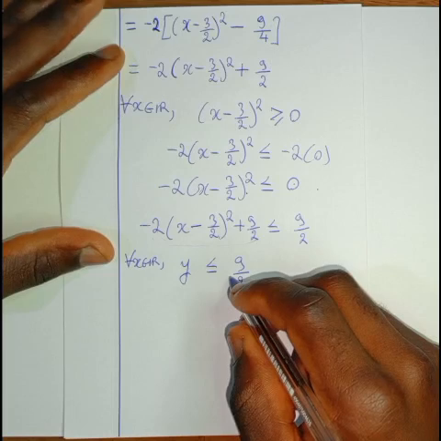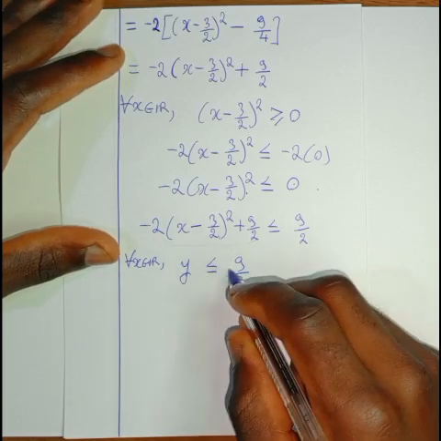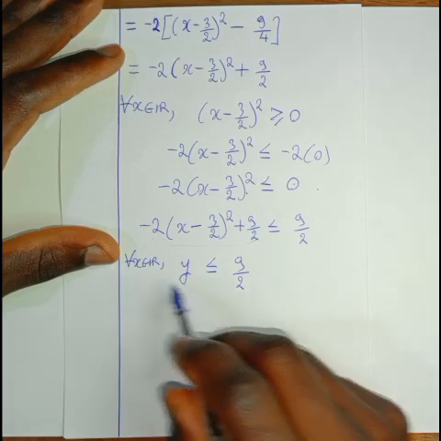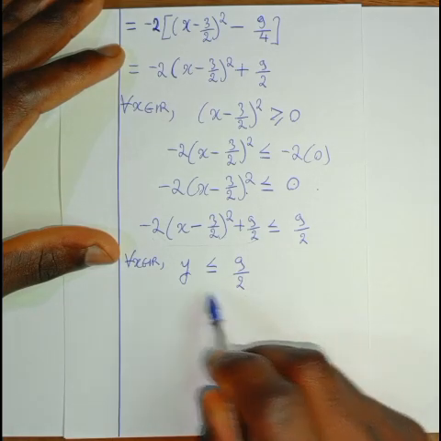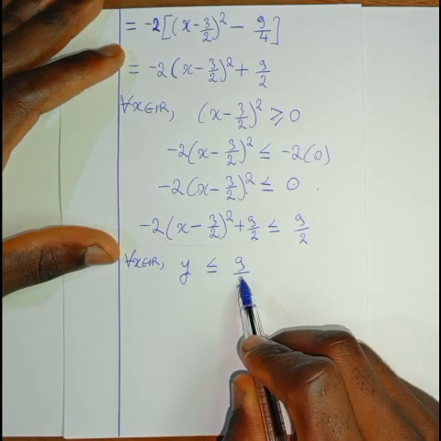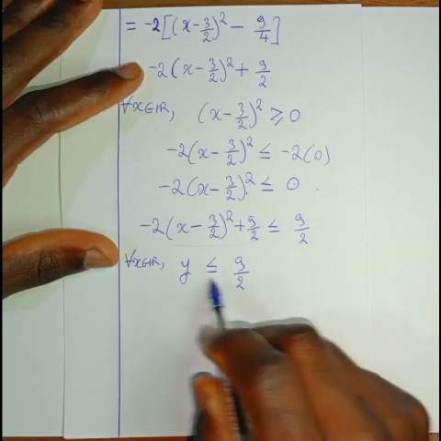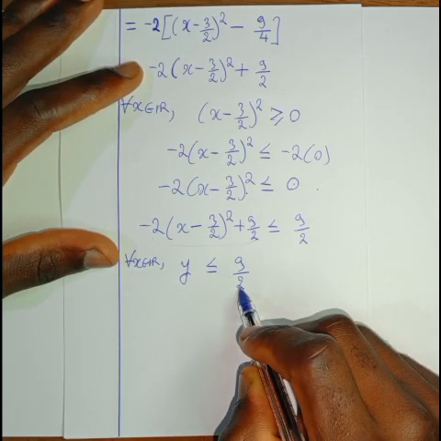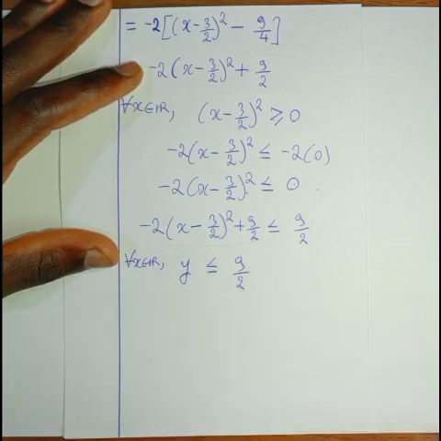It simply means for all values of y we take, they are either less than 9 over 2 or equal to 9 over 2, which simply means y equal to 9 over 2 is a maximum value.